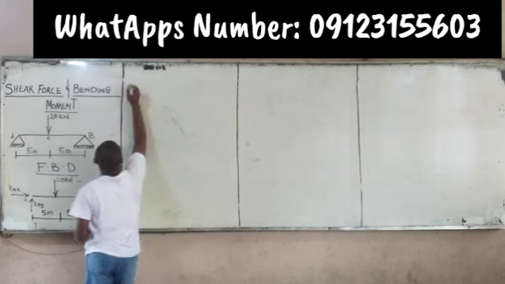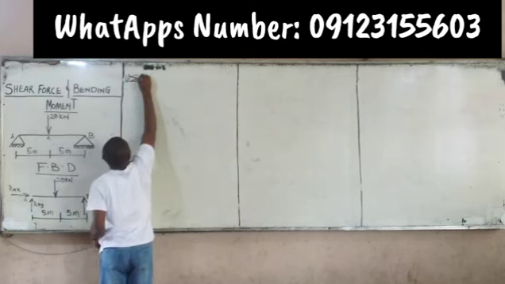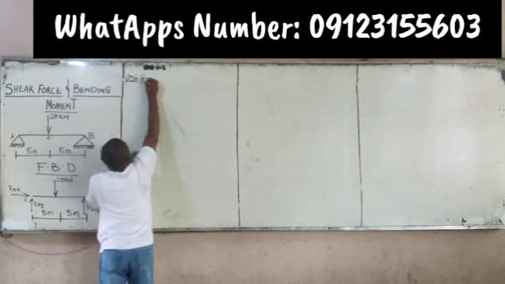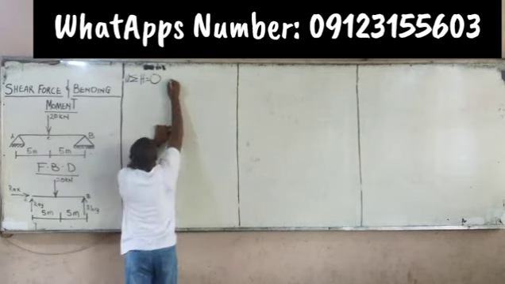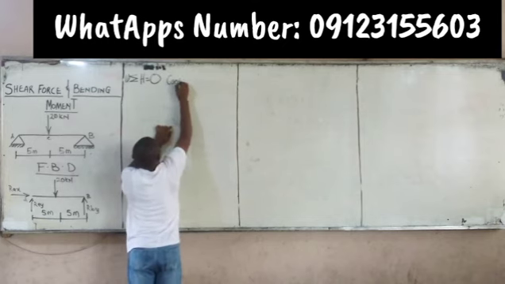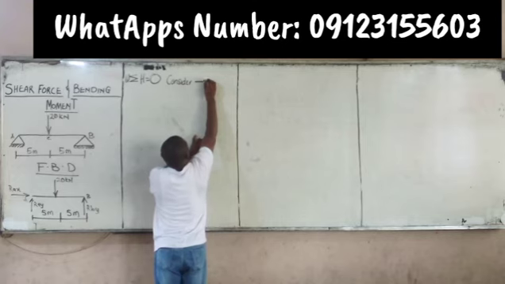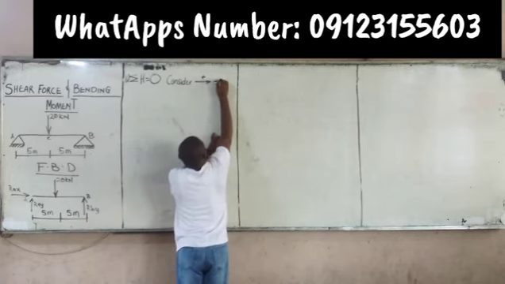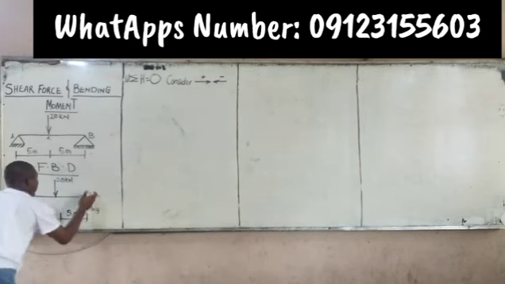Number 1, the summation of horizontal components must be equal to 0. So consider the right force to be positive, and left force to be negative.